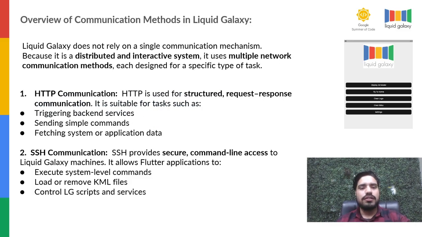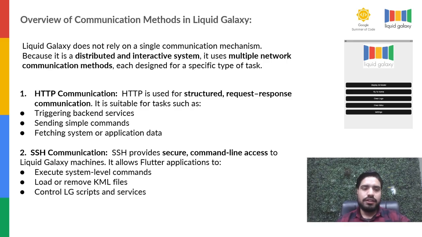So after knowing how the Flutter app communicates with the Liquid Galaxy, now we will look at the communication methods through which our Flutter app communicates with the Liquid Galaxy. Liquid Galaxy does not rely on a single communication mechanism because it is a distributed and interactive system. So it uses multiple network communication methods, each designed for a specific type of task.